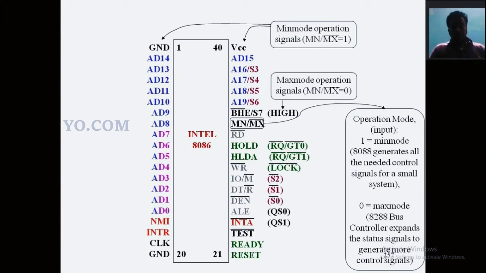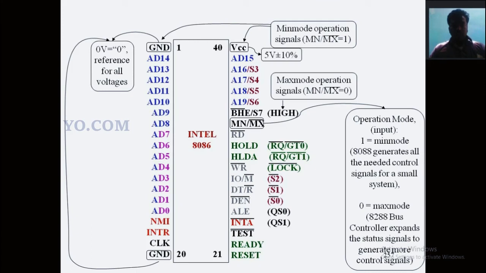In minimum mode, MN/MX bar equals 1. If MN/MX equals 1, that is minimum mode, and the 8086 generates all the needed control signals for a small system. If it is maximum mode, we can use the bus controller to expand the system.